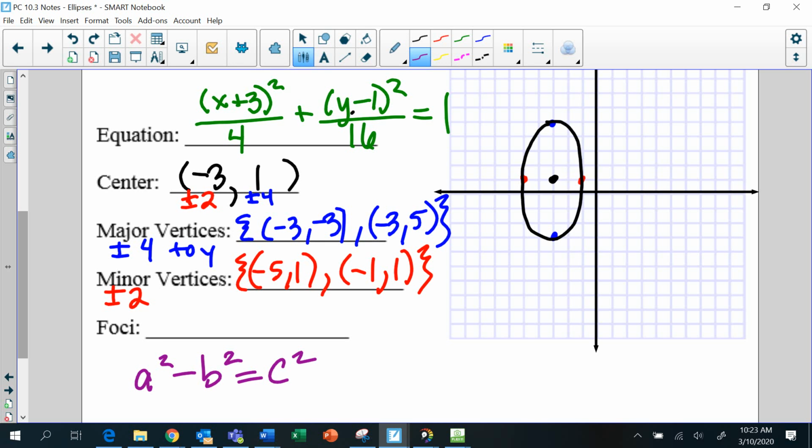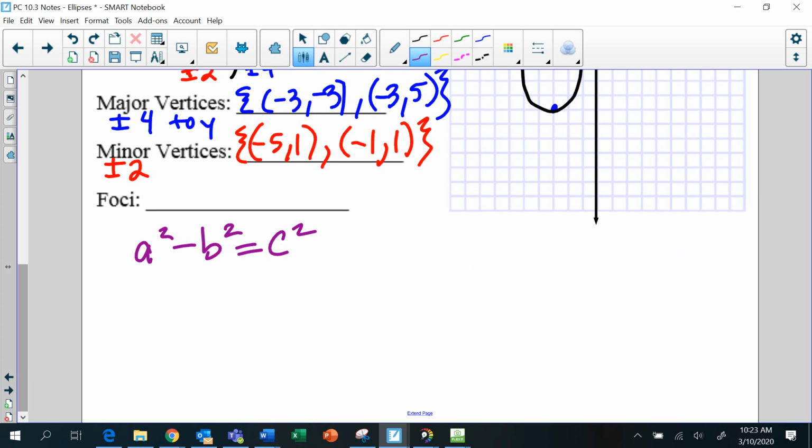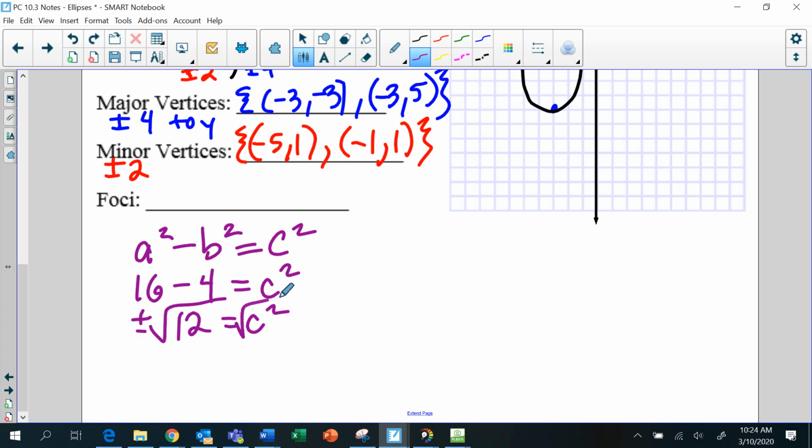So we put that one first. 16 minus 4 is 12. We square root. I get c is plus minus square root of 12, but I'm not going to leave it as square root of 12 because that simplifies. 2 radical 3.